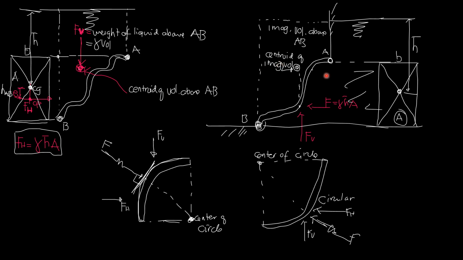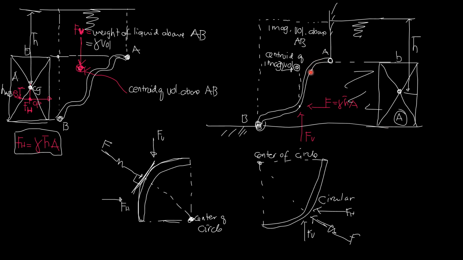Now, how about for the situation where the liquid is under or below the curved surface? The technique is we draw horizontal lines through the endpoints of the curved surface in contact with the liquid. Then the vertical distance between these horizontal lines would be the height of the projected area on the vertical plane.